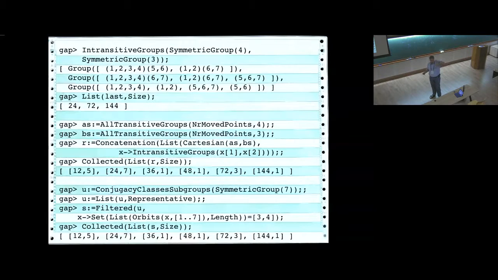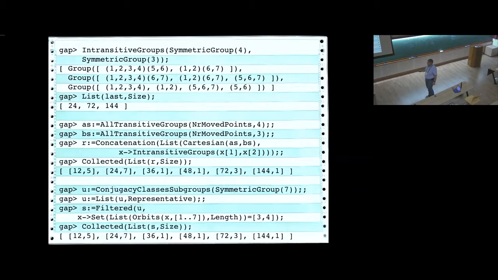S4 has a factor group isomorphic to S3, so I can glue them together completely. It's not S4 as a permutation group, but it's isomorphic to S4. I have a direct product, obviously, and there is another, the one interesting subdirect product, where the common factor of order 2 is put together.